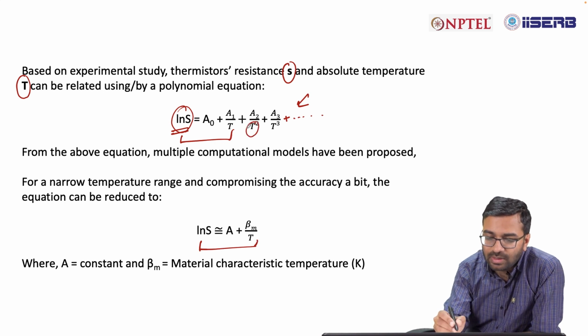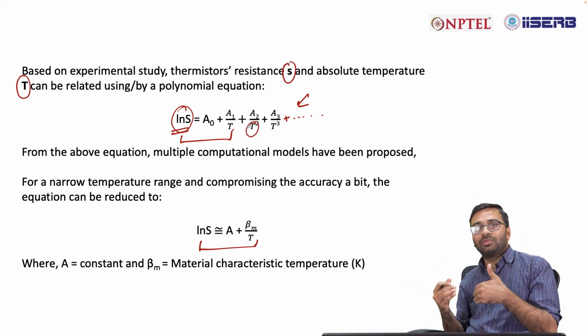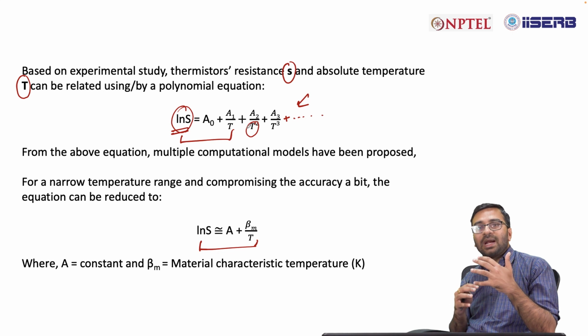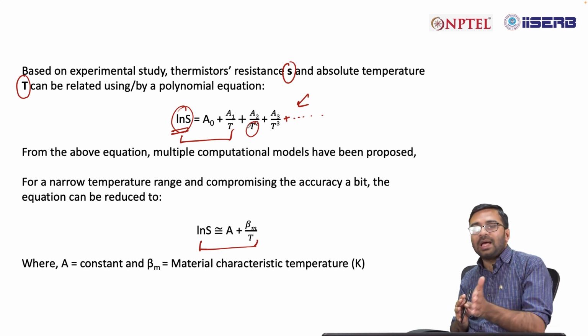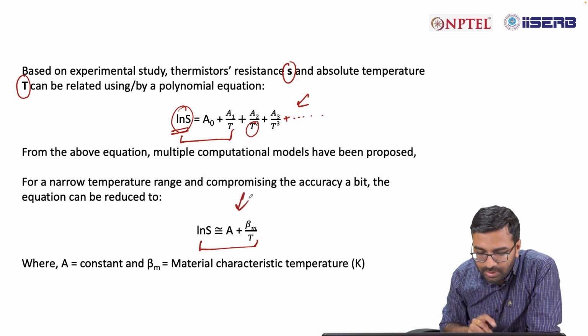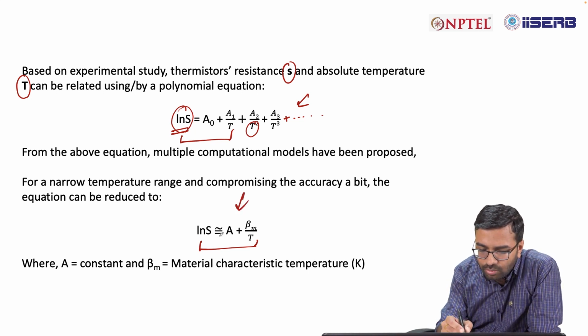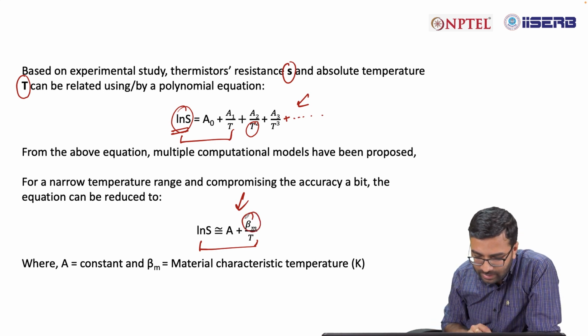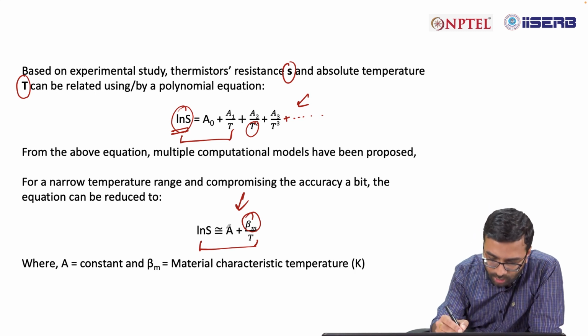If your temperature value is quite high, then the T square, T cube terms will not be that significant, so you can drop the higher order terms anyway. In this case, your equation will be reduced to ln S approximately equal to a plus beta m by T. Beta m is a material characteristic, and a is a constant.